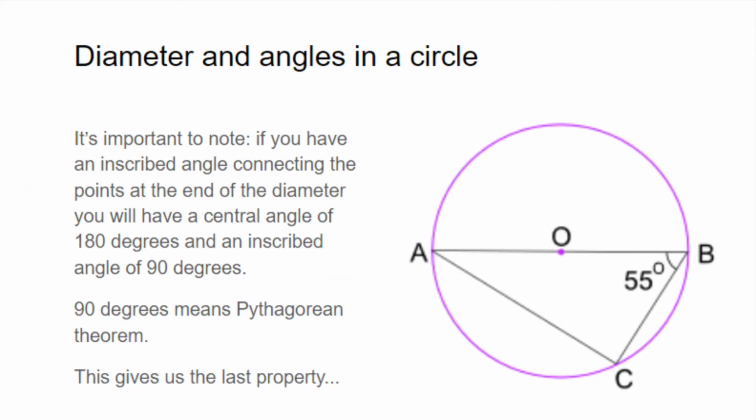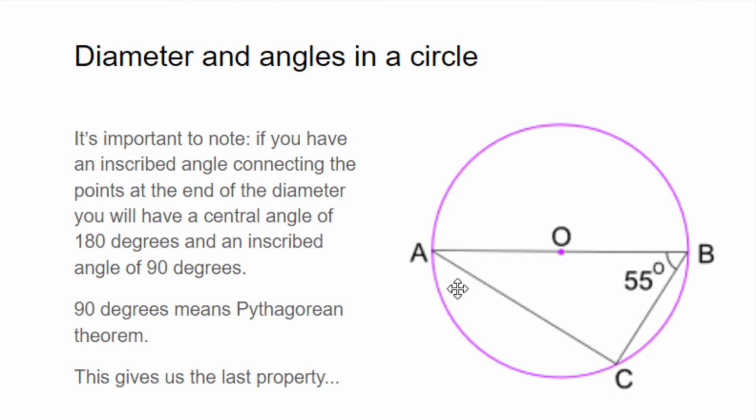Then we have diameter and angles in a circle. This isn't a property in and of itself, but it's an important thing to think about. You guys probably would be able to figure this out if you thought about it long enough, but we're just going to talk about it and it'll lead us into the next property. If you have an inscribed angle connecting the points at the end of the diameter, you'll have a central angle of 180 degrees.